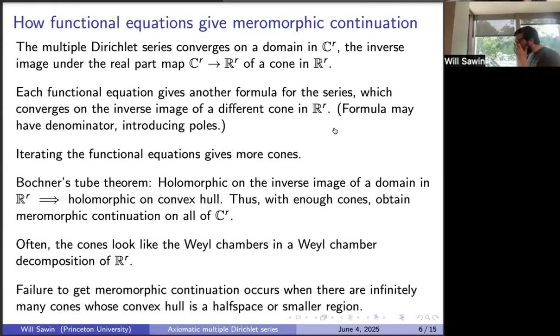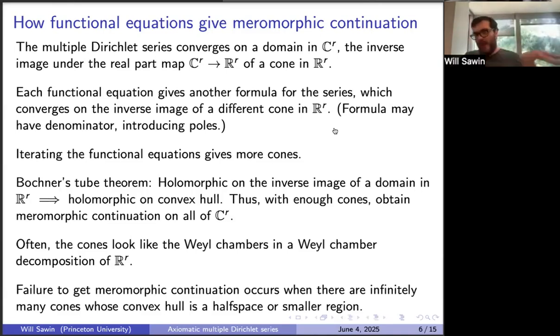And this can fail. It can fail if you don't have enough functional equations. If you don't have a functional equation reversing a variable, there'll be a cone, and you won't have another cone on a certain side of that cone, so you can run into trouble that way. But the more interesting way it can fail is if you keep making more and more cones, and you have infinitely many cones, but they still haven't filled up all of space.